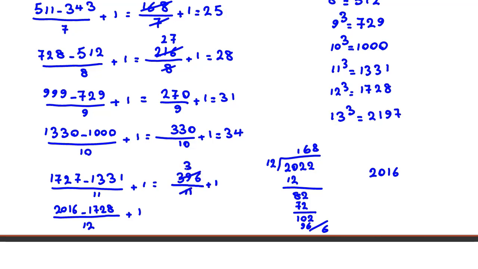If you divide, it will be 36 plus 1, 37. And this part, 10 minus 2, 8. And this one will be 9. 9 minus 7 is 2 over 12 plus 1. So if you divide, it will be 24 plus 1, 25.